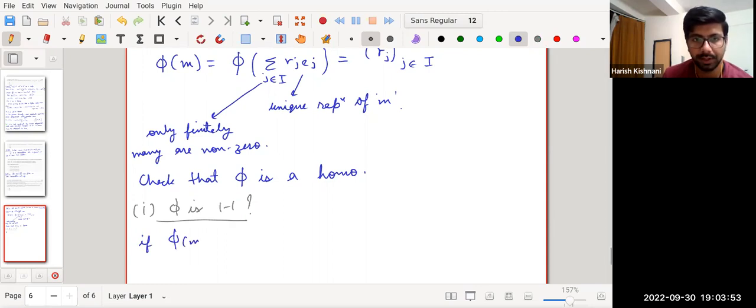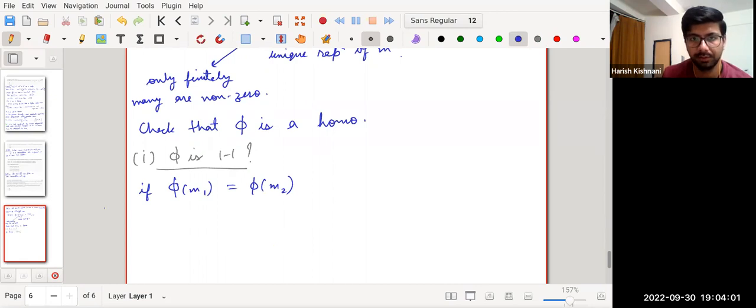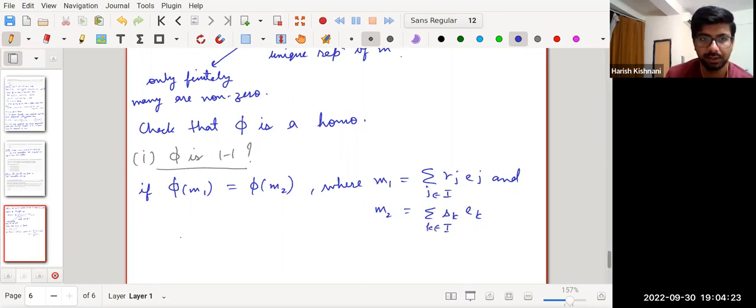If phi of m1 is equal to phi of m2, where m1 is say the sum of r_j e_j, j belongs to I, and m2 is the sum of s_k e_k, k belonging to I, then what will you have?